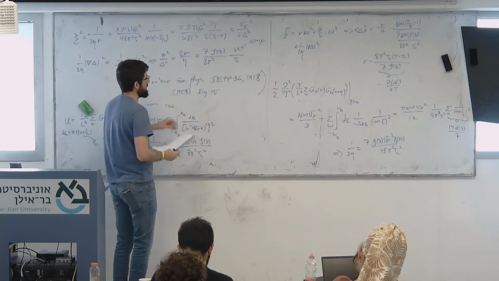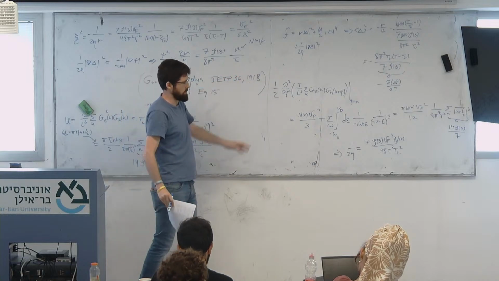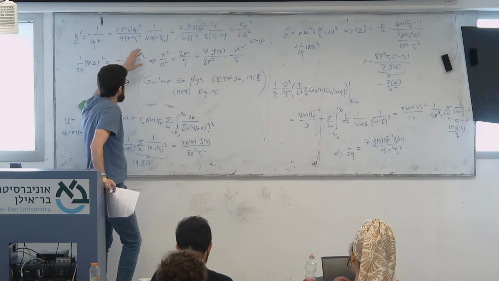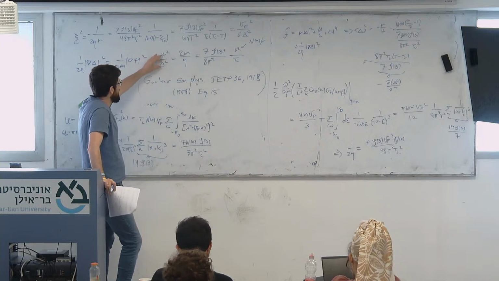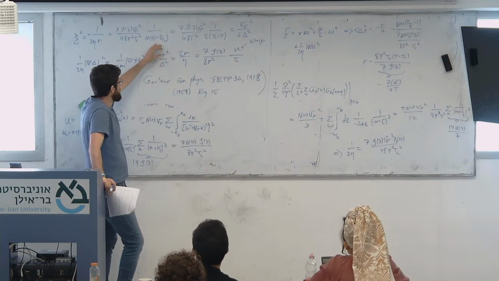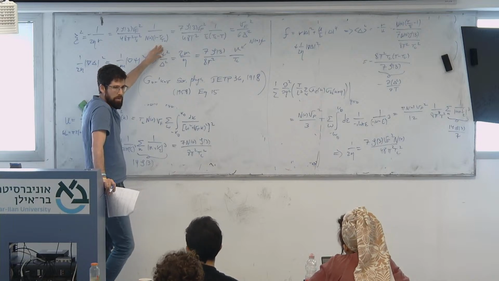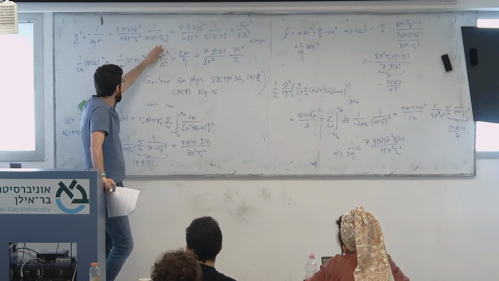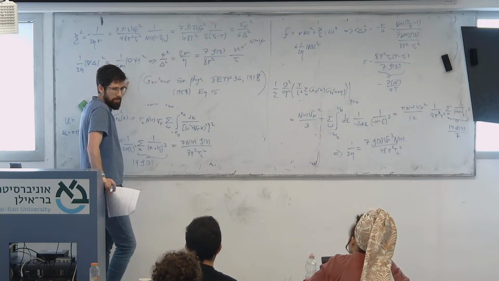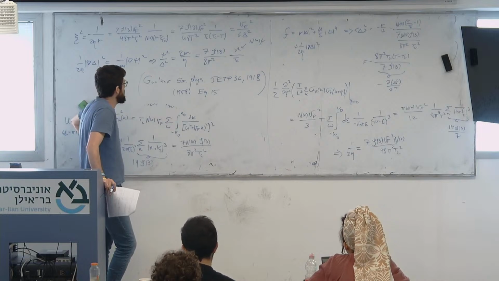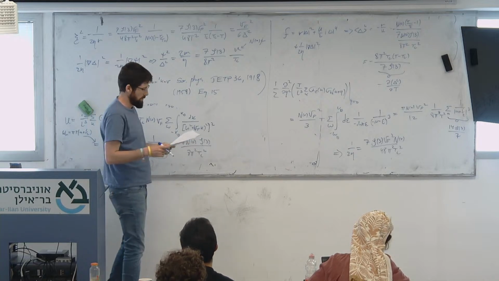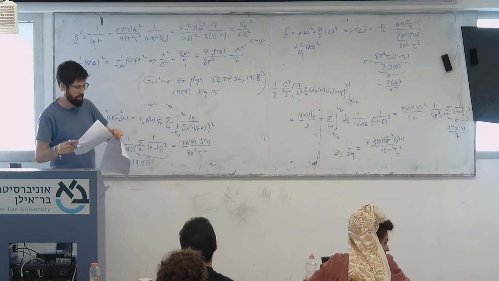In this paper he derives all of these relations, but this is maybe one of the most important ones, which is the relation between the gap that we write in BCS theory and the field psi that appears in the Ginzburg-Landau theory. Where this m is the mass of 2 electrons or something like that. So this gives you a connection between the two. And here I think it's a good time to stop.